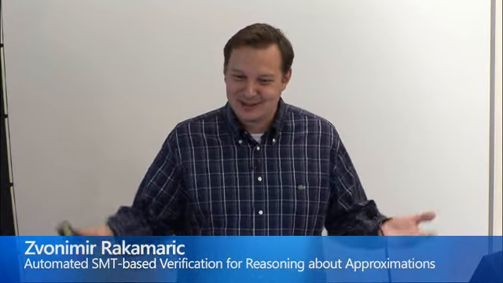Safety just says that approximations should hopefully not introduce any catastrophic failures, like null pointer references or things like that. The second one, which hasn't actually been mentioned a lot in the related work, is termination. Ideally, the approximations that are introduced should not cause non-termination. And finally, we have quality of results.